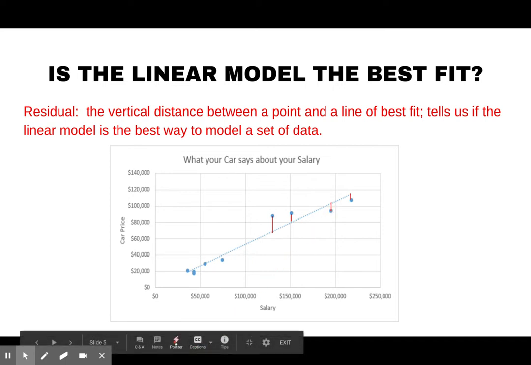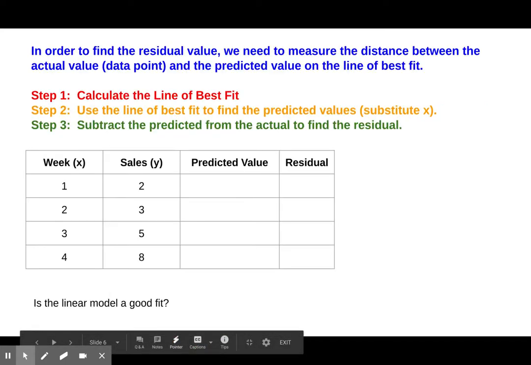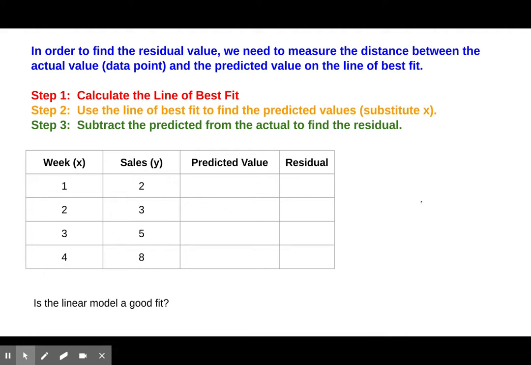All right, so what we're going to do is we're going to use this measurement to determine if the model is truly something that can be represented by a linear function, or if we should look at a different function to do that. So it's really pretty easy to do. The first thing we're going to do is calculate the line of best fit. Then we're going to use the line of best fit to find the predicted values, and we're going to do that by substituting x.